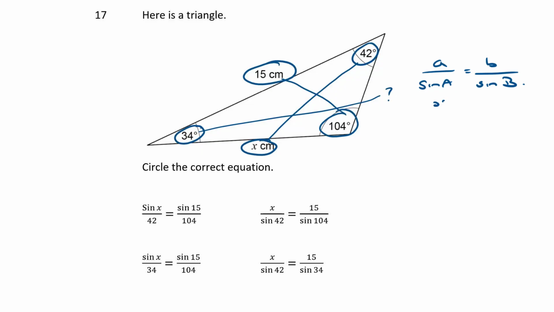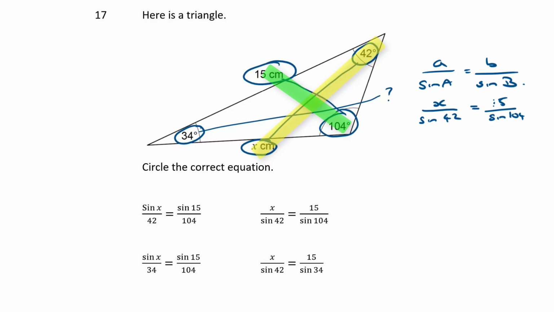So putting my x on the top over the sine of the angle opposite to x, which is sine 42, and that is going to be equal to my other pair, 15 over sine 104. Okay, so opposite pairs, that one goes with that one, and that one goes with that one.